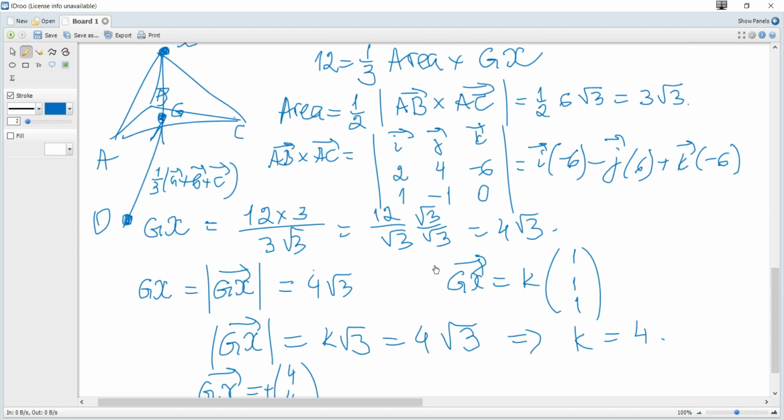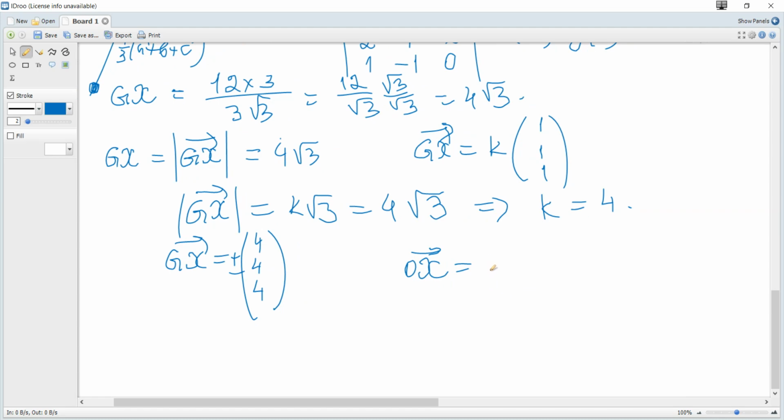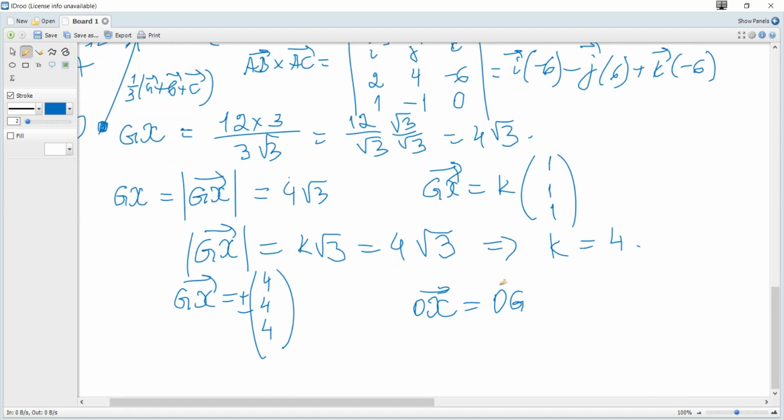So the position vector of point X, OX, will be OG plus minus GX, or plus minus 4, 4, 4.